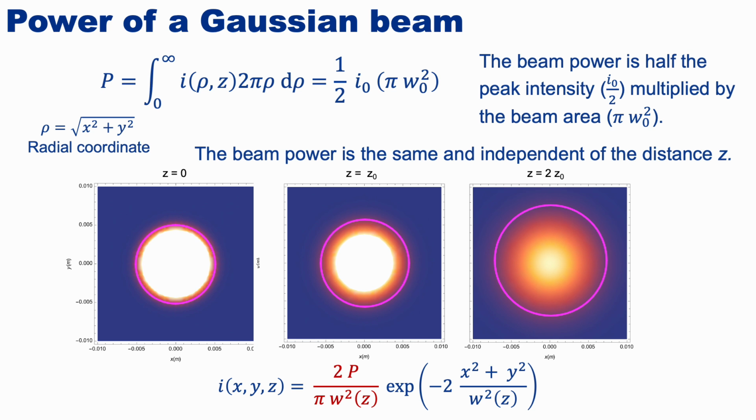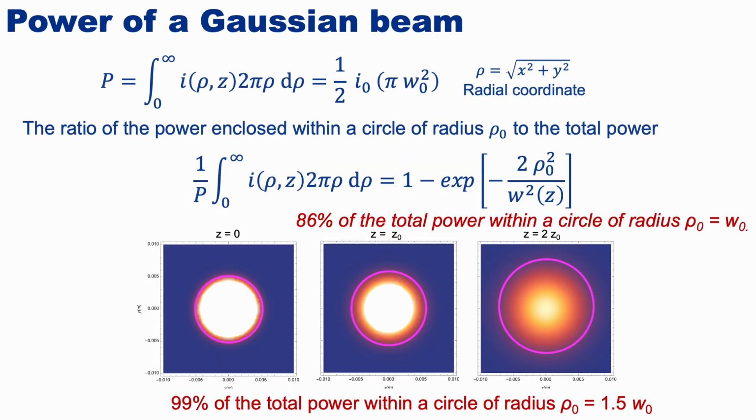But if we completely enclose the Gaussian beam, we're always going to have the same beam power, and the beam power is half of the intensity peak multiplied by the beam area. The beam area is pi times the square of the beam width. That's something that is going to be useful moving forward, and we can always express the radial distribution of the Gaussian beam in terms of the power, because we know that the power is going to be constant.